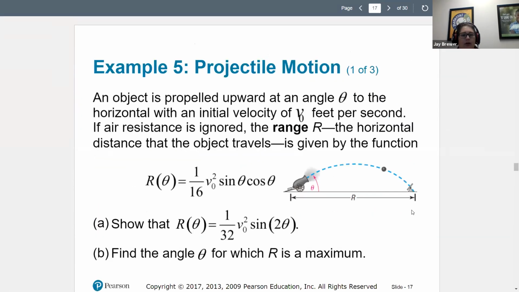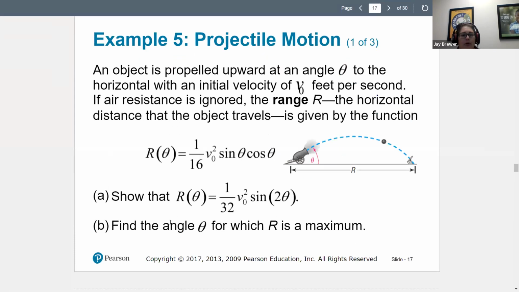All right, so before we go on to part B, let's think about it again without looking at the answer. Find the angle theta for which r is a maximum. So before you go blurting anything out, think about your sine.